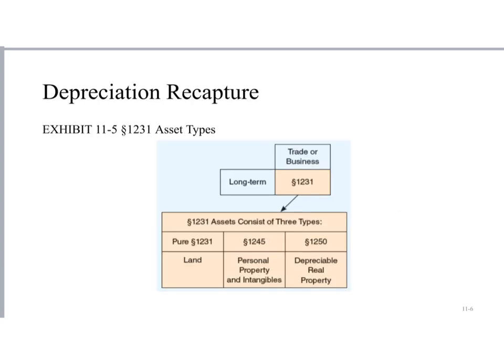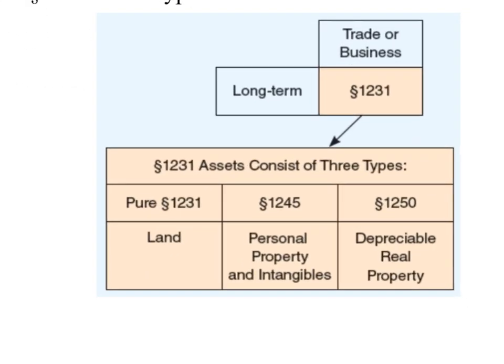All right, so I've included this little slide in our discussion because it talks about the asset types. And so 1231 assets really consist of three potential types. Land is considered a pure 1231 asset because it cannot be depreciated. Personal property and intangibles are called 1245 assets, okay, and that's because of the Internal Revenue Code that describes their treatment, okay?